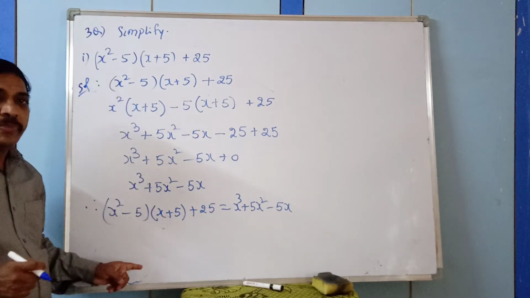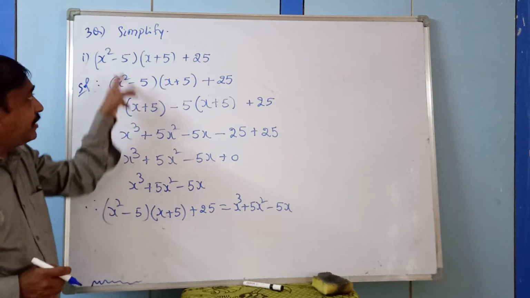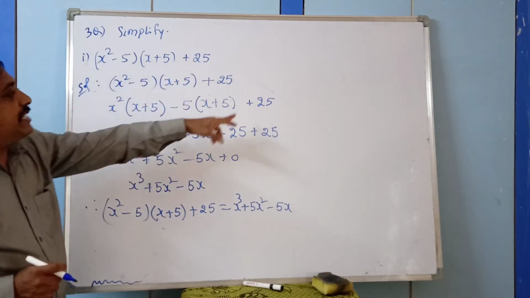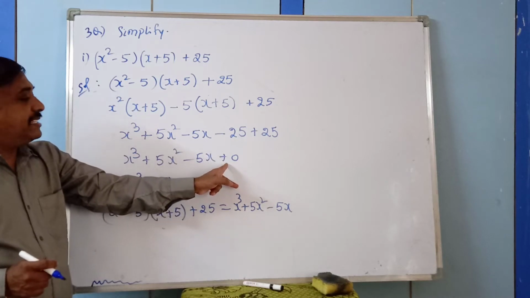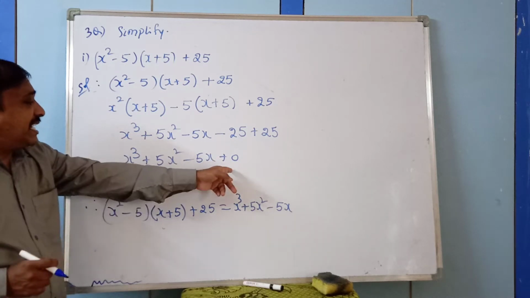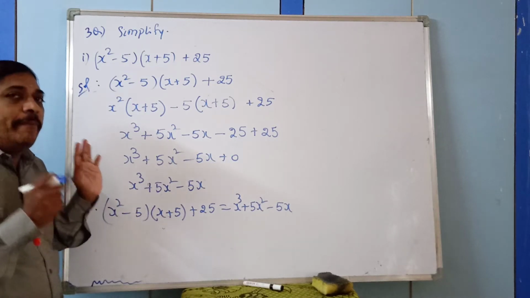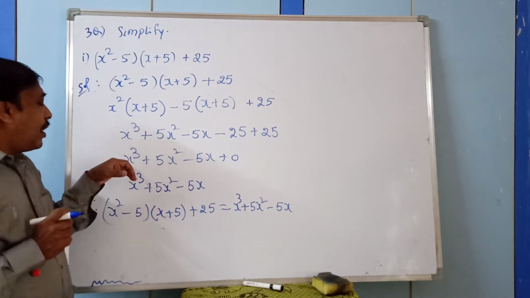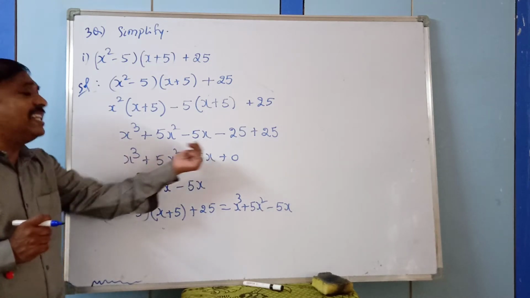Is it clear? First we find the product of these two, then the result plus 25. So here minus 25 and plus 25 gives 0, and if you add 0 to any term, the result will be the same. Now x³ plus 5x² minus 5x: in this we don't have any like terms.